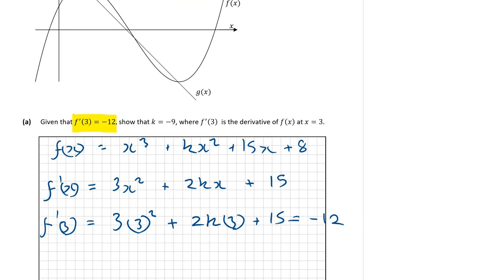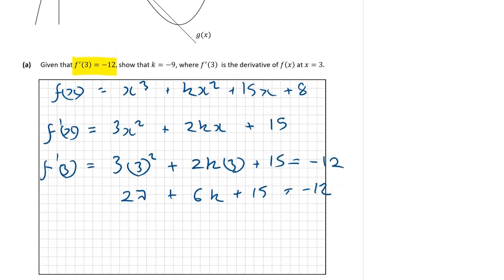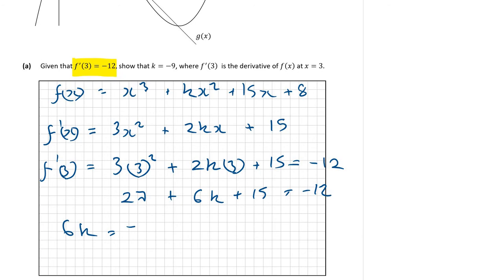So 3 by 3 squared is 27. 27 plus 6k plus 15 equals minus 12. Bring them all over to one side. 6k is equal to minus 54. So therefore, k has to be minus 9, which is what they've asked us to do.